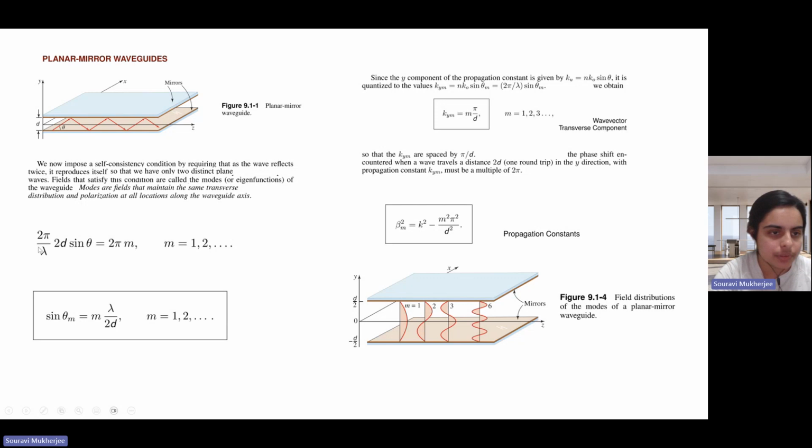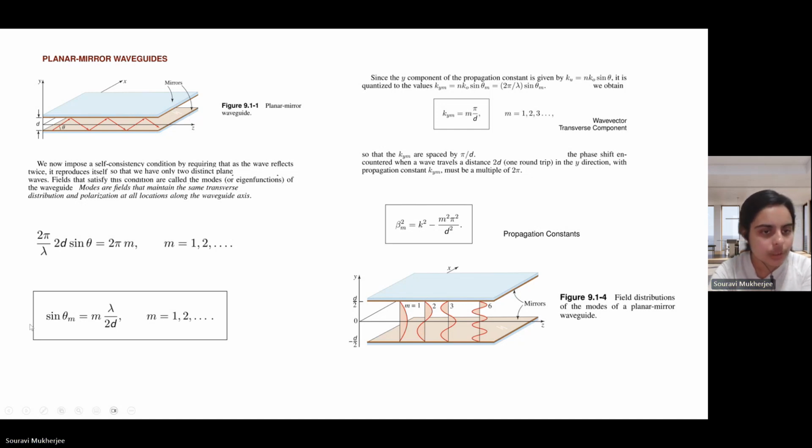So if the wave number is given as 2 pi by lambda, then 2k d sine theta should be equal to 2 pi m, where m is some integer. This is your self-consistency condition that needs to be satisfied for the wave to propagate properly.